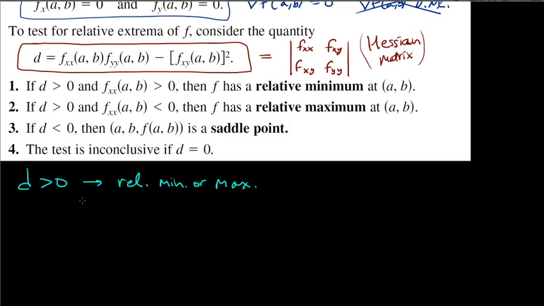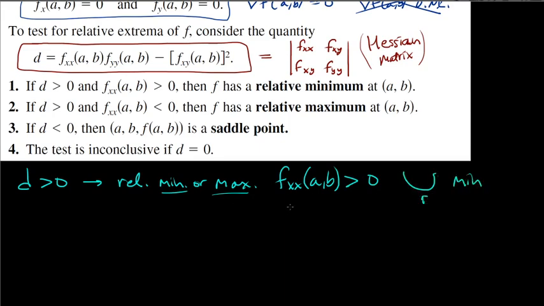So let's suppose D is positive. How do we know if it's a minimum or maximum? Now we use the second derivative test. We take the second partial derivative, let's just say with respect to x, and plug in the critical point (a, b). Now it's just the usual second derivative test. If the second derivative is positive, it's concave up, which means you have a minimum.